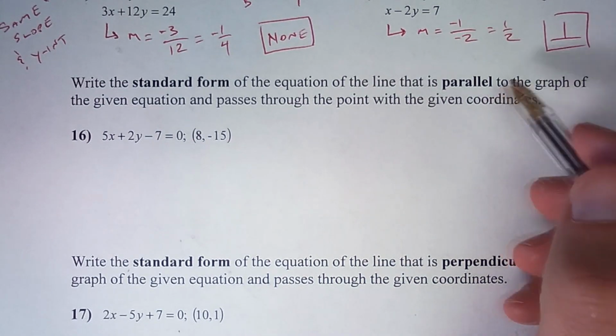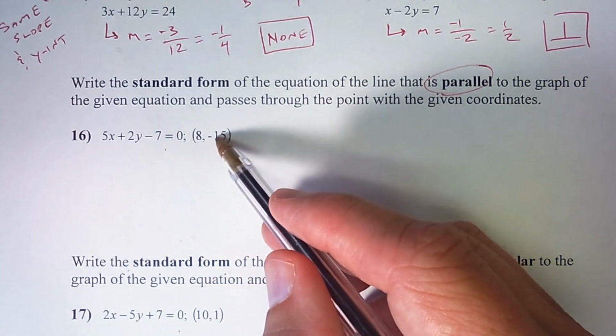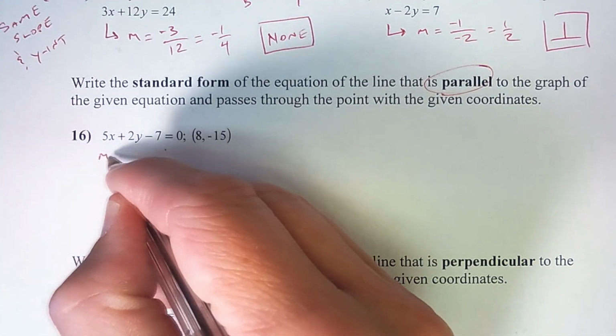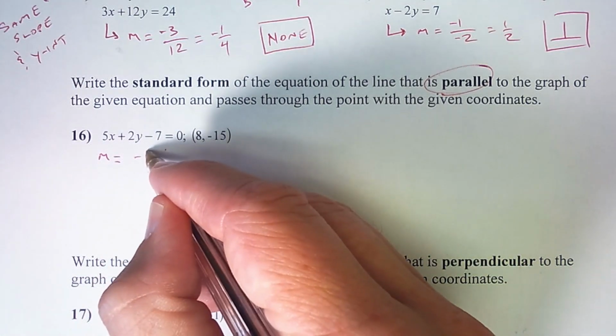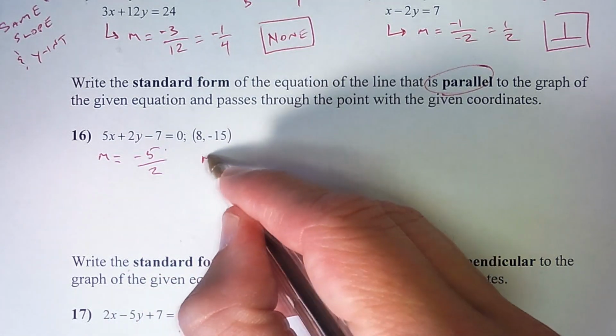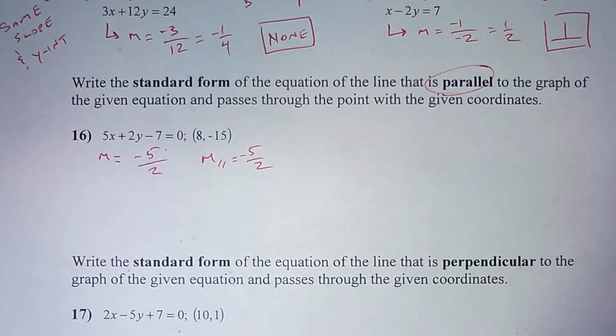Okay, write the standard form of an equation parallel to the given equation that passes through the point with these coordinates. So the slope of this line is the opposite of A over B, which is -5 over 2. The slope of a parallel line would be the same, -5 over 2.